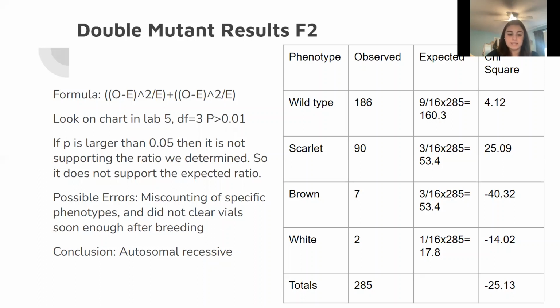Therefore, we decided that possible errors that took place were not realizing that there was an actual 4th color present, and in general, probably just miscounting the flies based on their phenotypes. The number of wild type flies that were observed are significantly larger than the scarlet, brown, or white mutations that we observed. So therefore, we concluded that these mutations are also autosomal recessive traits.